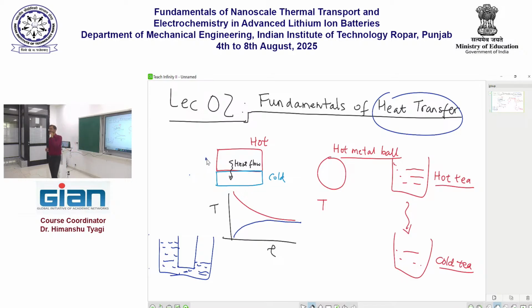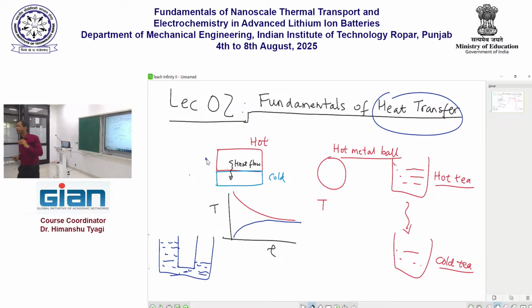Yes? Any effect on the mass? In this case, there is a transfer of mass, right? But here, there is no effect on the mass. As heat flows from the hot body to the cold body, it does not carry mass with it. The weight of the hot body and the weight of the cold body will remain the same.